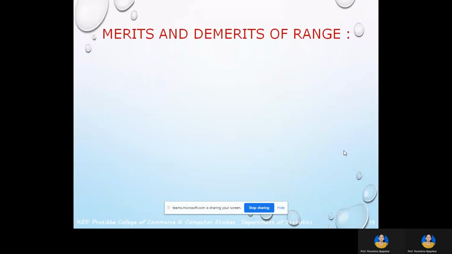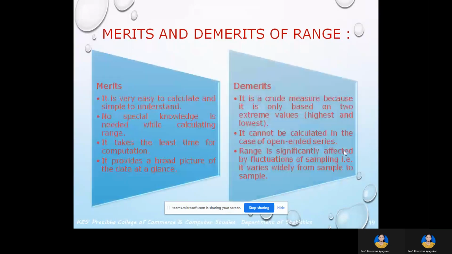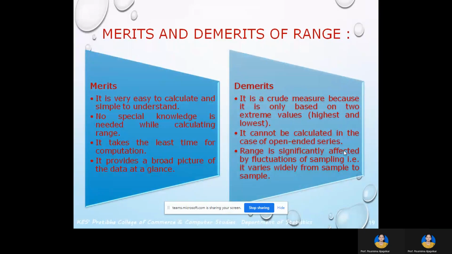Now we will see the merits and demerits of the range. Merits are: it is very easy to calculate and simple to understand. No special knowledge is needed while calculating range. It takes the least time for computation. It provides a broad picture of the data at a glance.